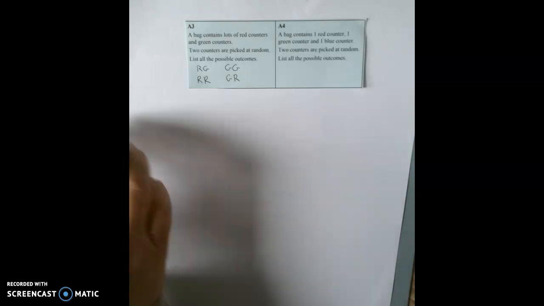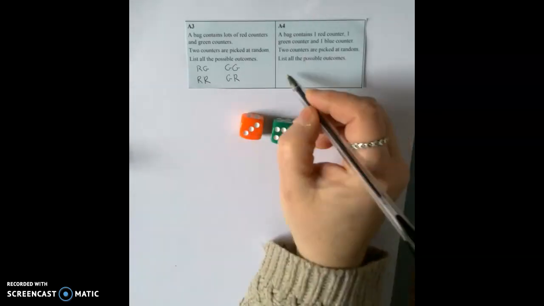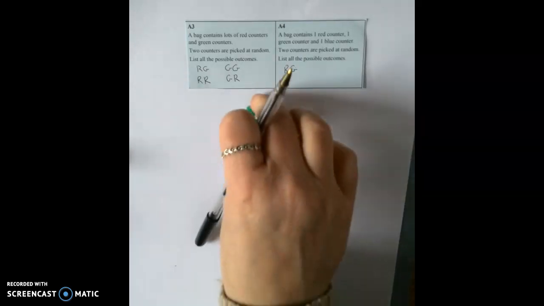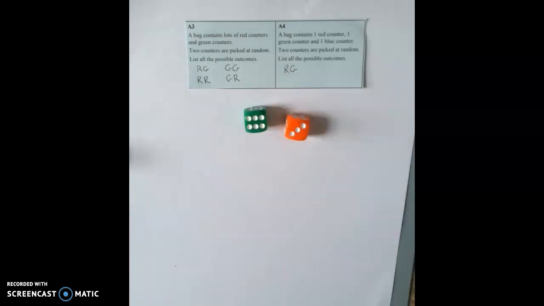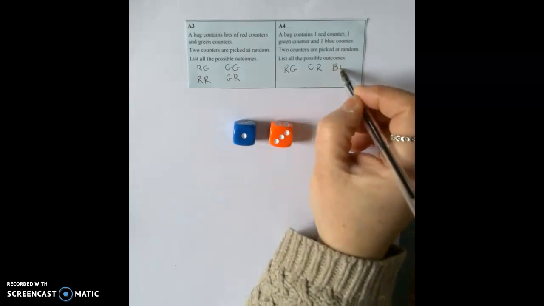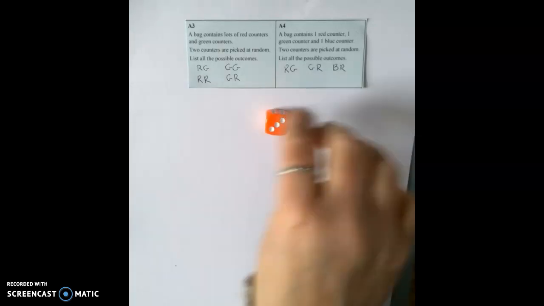I could pick a red one and a green one. I could pick a green and then a red one. Remember, we need to include that. I could pick a blue and a red one. And I could pick a red and a blue one.